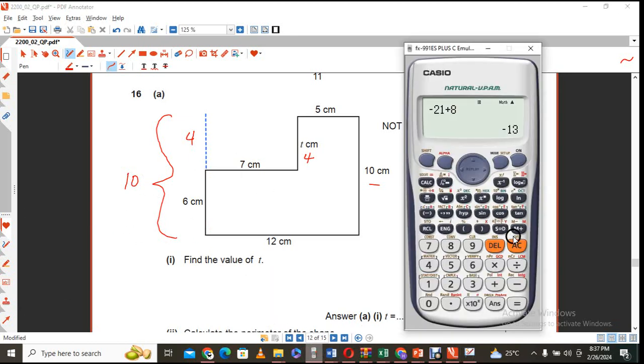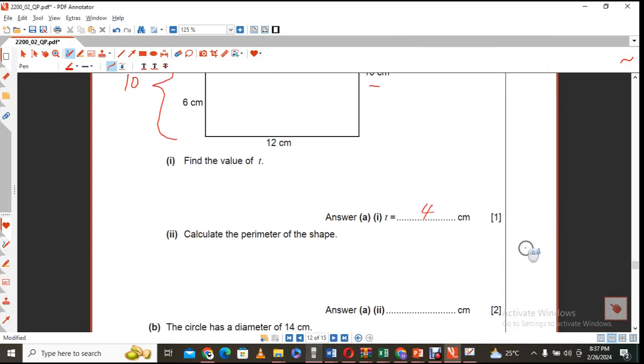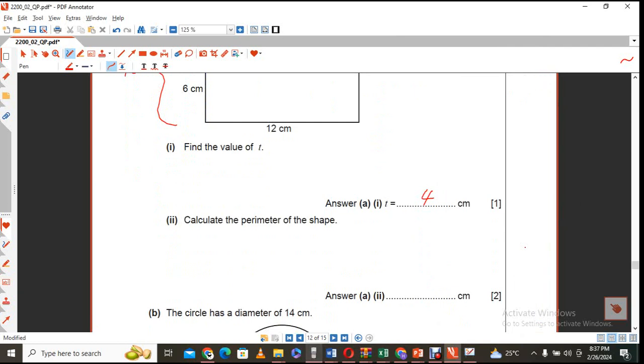I'm starting with 5, going clockwise: 5 plus 10 plus 12 plus 6 plus 7 plus 4. And that gives me 44. So the perimeter of the shape is 44 centimeters. Do not measure, the shapes are not drawn to scale.